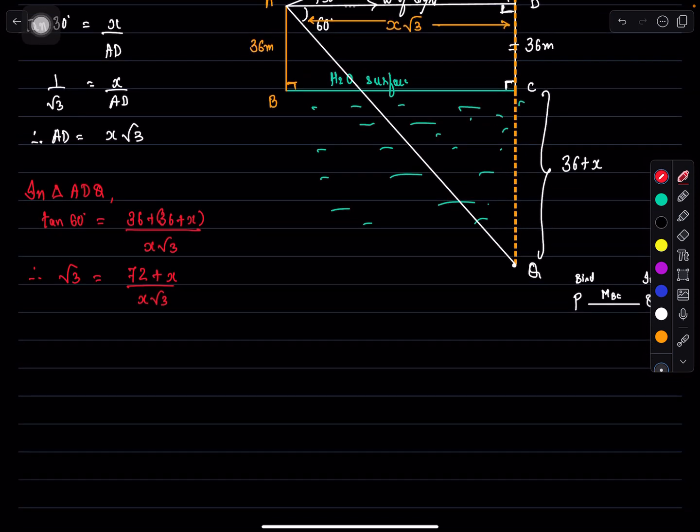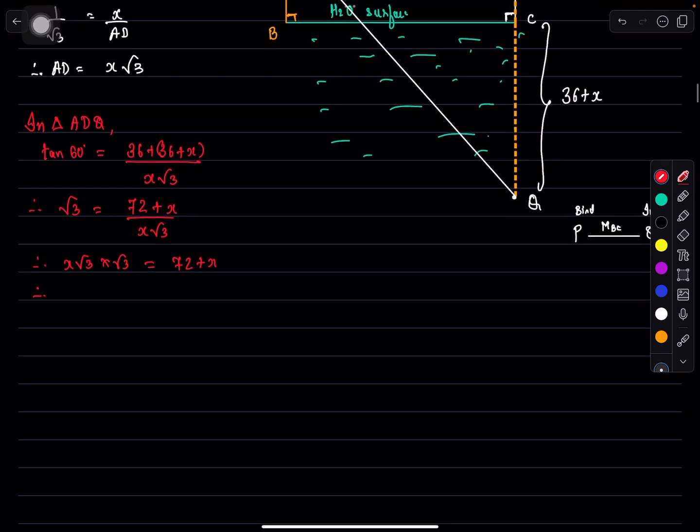We will cross multiply, and therefore x root 3 times root 3 is 72 plus x. Root 3 times root 3 is root 3 the whole square, which is 3. So it becomes 3x is 72 plus x.